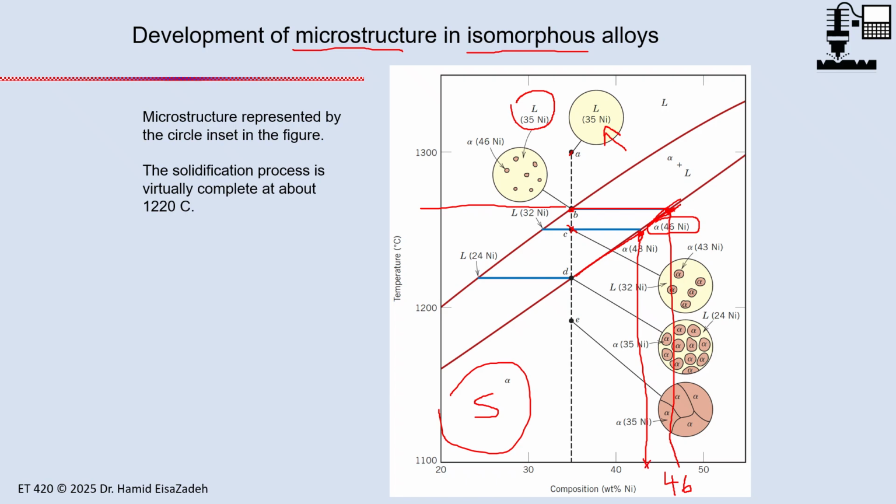Although the area of this component is getting larger, its composition is decreasing. Initially it was 46, now it's 43. And then we have a liquid phase here, and that follows the liquidus line. So the liquidus line has 32% nickel.